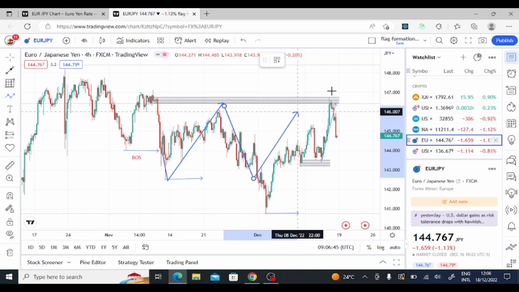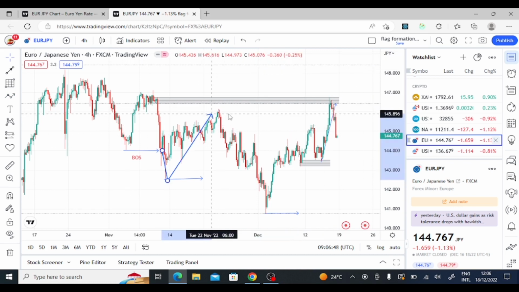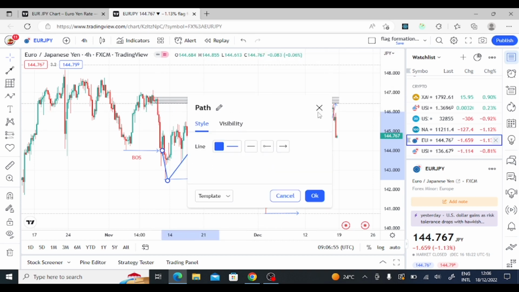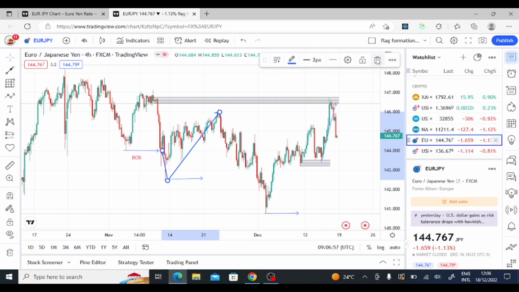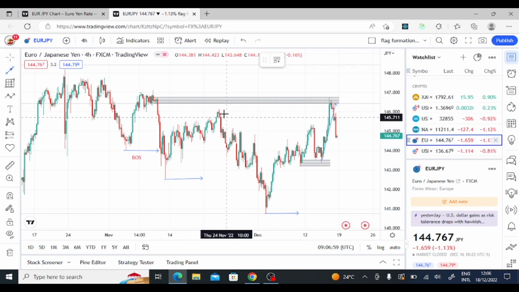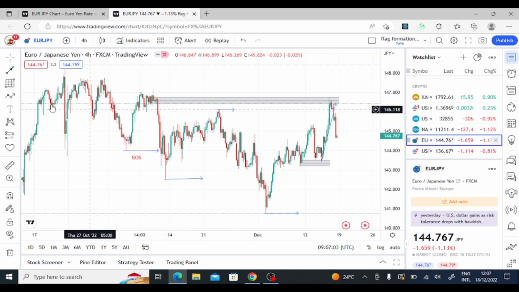Now when price fails to do that and leaves an imbalance here, this is what we call a sell side liquidity. Now what is sell side liquidity?